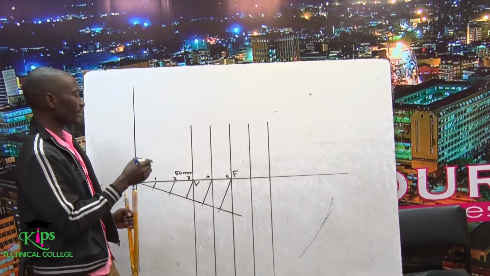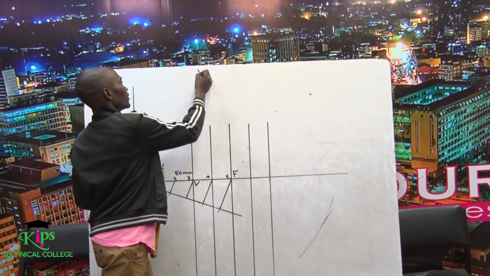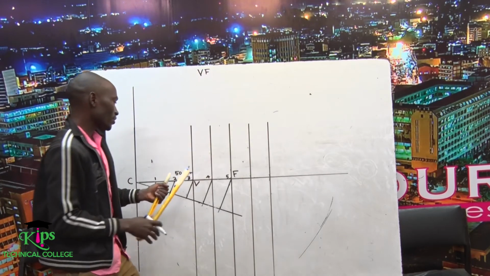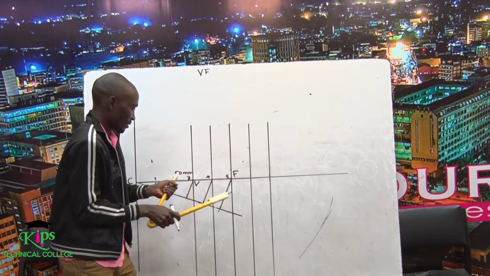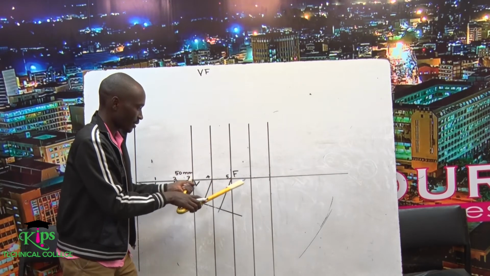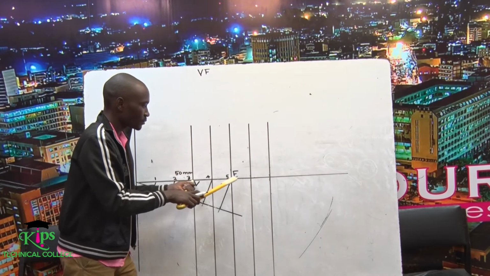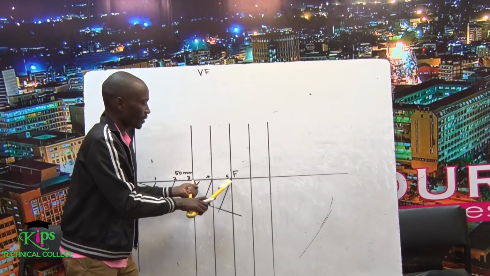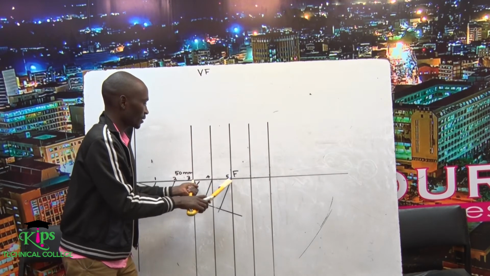I need now to take this distance, the distance V, F. So I will step at V up to where I have my F, like this.